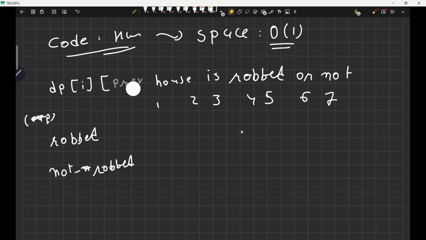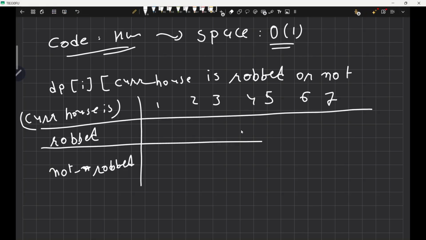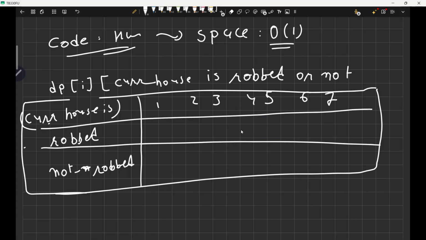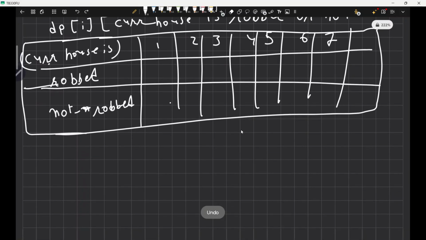Sorry for my mistake. When you are solving by hand, you will make some table like this. So now let me make a proper table, something like that. And you know how to solve this case, right?